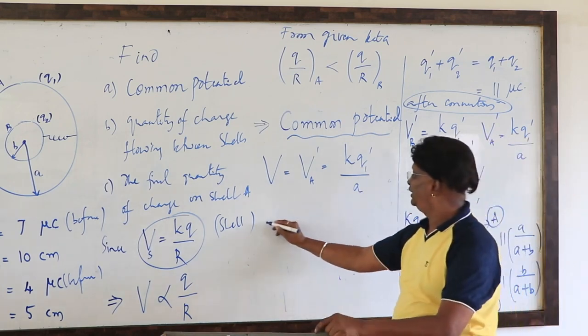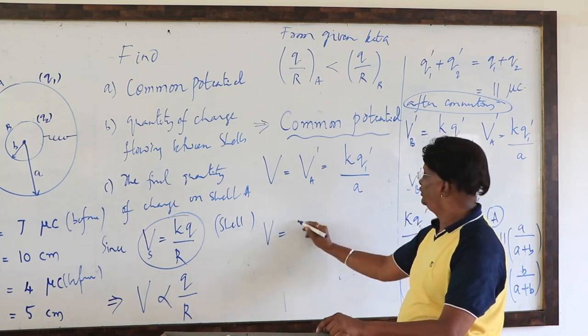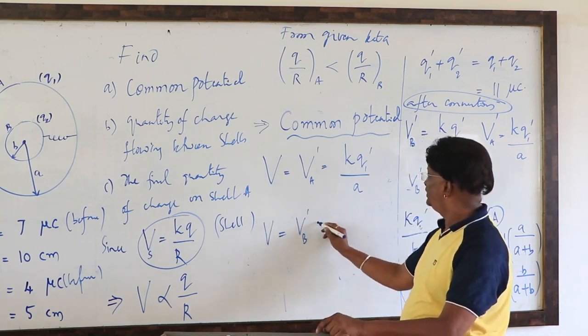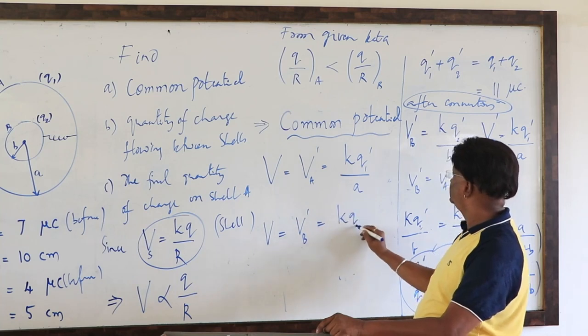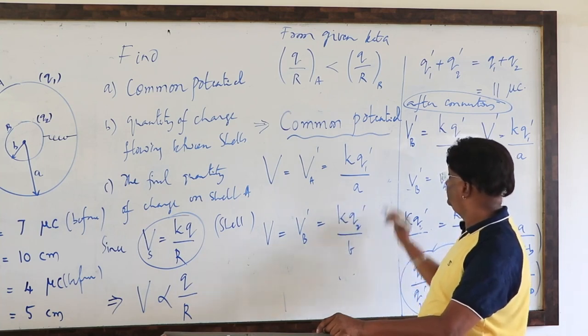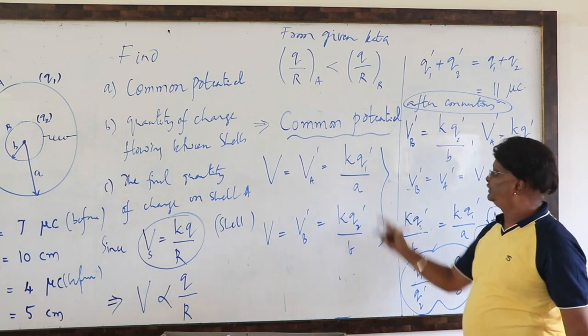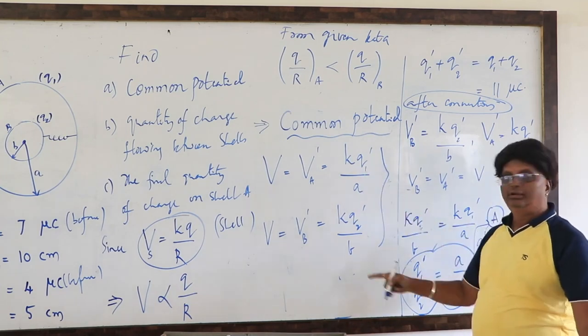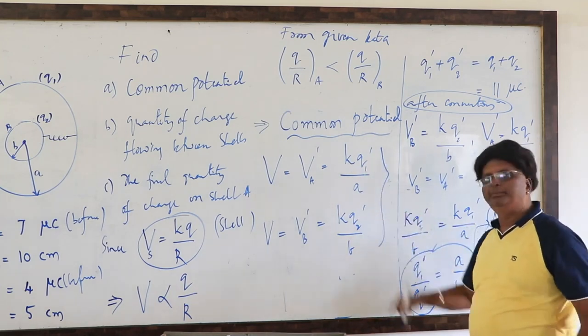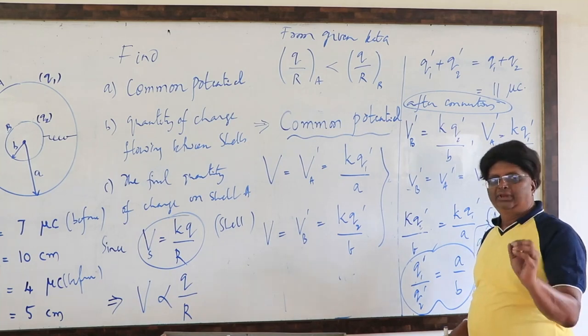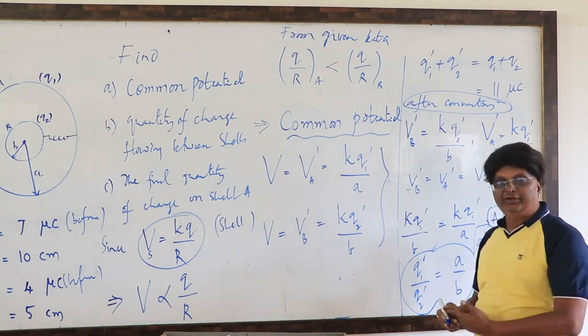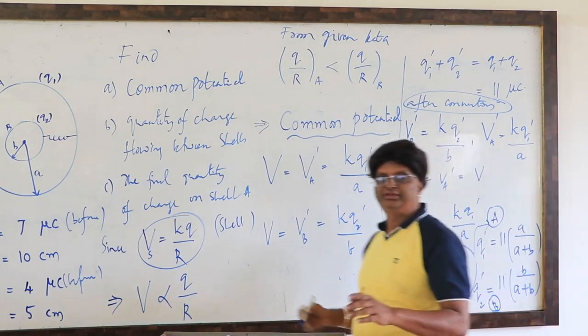The same is V equal to VB dash also, which is K Q2 dash by B. So evaluate either K Q1 dash by A or K Q2 dash by B, you will get the same answer, and that is the common potential.